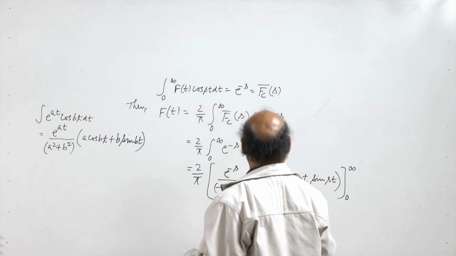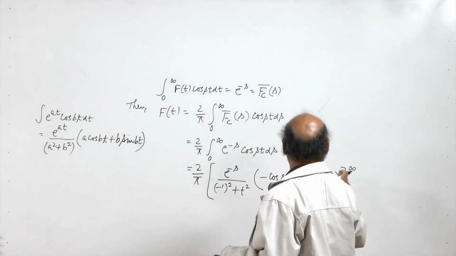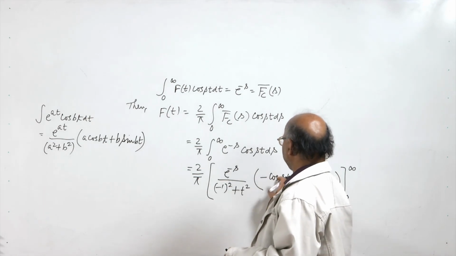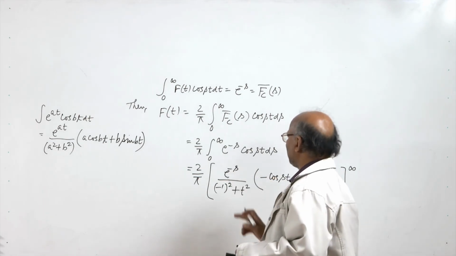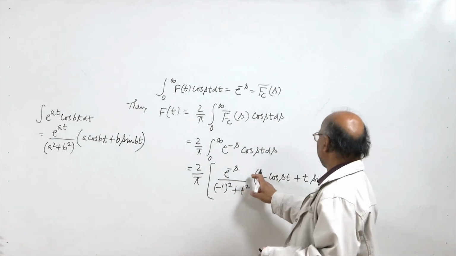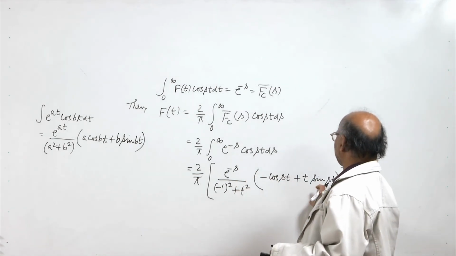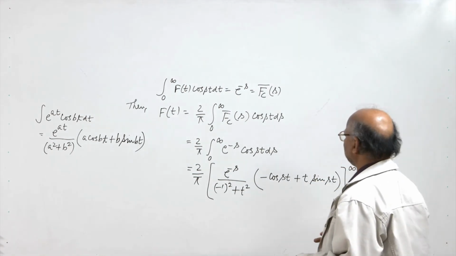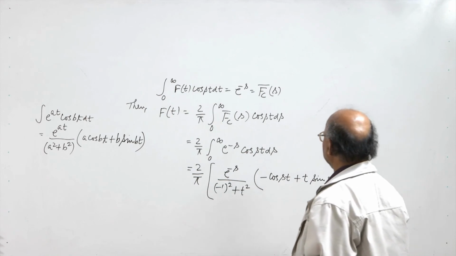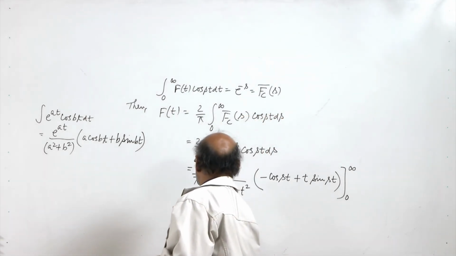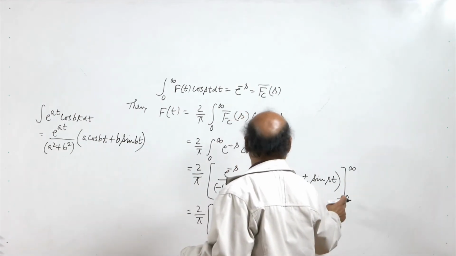So when s goes to infinity, because cos(st) is bounded by 1 and e to the power minus s goes to 0, this quantity goes to 0, and then e to the power minus s into sin(st) when s goes to infinity also goes to 0, because sin(st) is bounded and e to the power minus s goes to 0. So this goes to 0. Now we have 2 upon π, and then we put the lower limit.